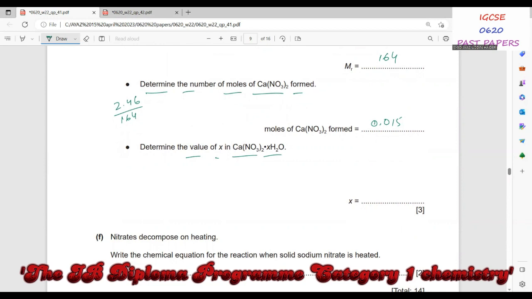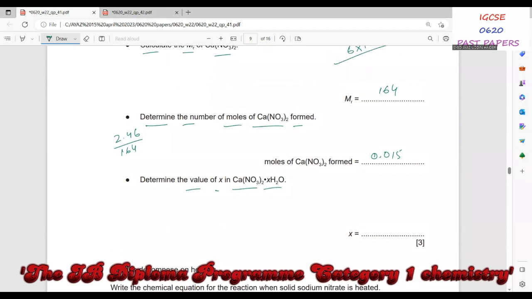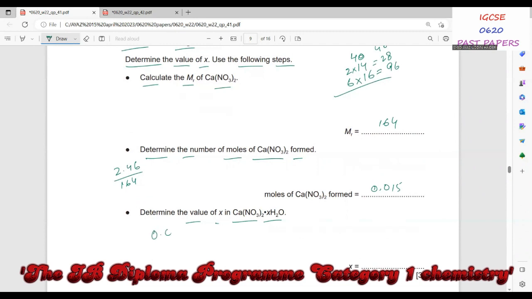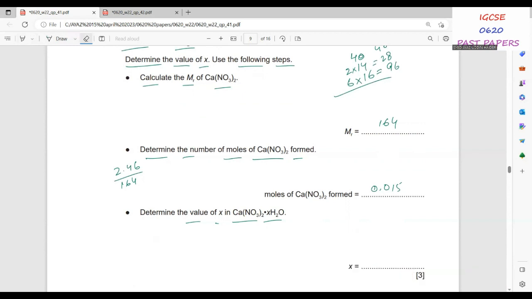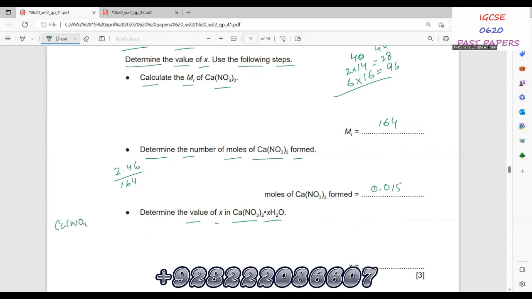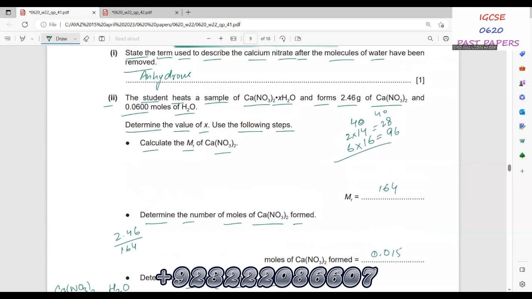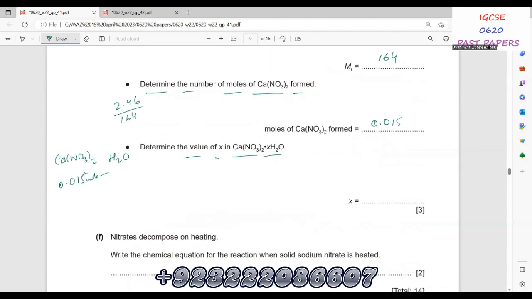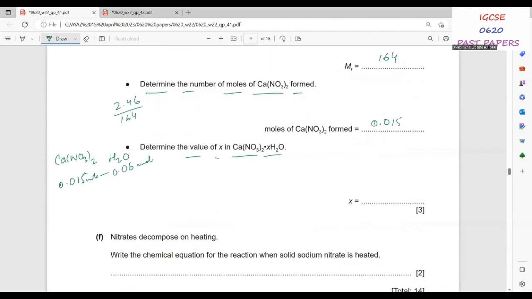So we have the moles of Ca(NO3)2, which is 0.015. 0.015 moles of Ca(NO3)2 contain 0.06 moles of water.